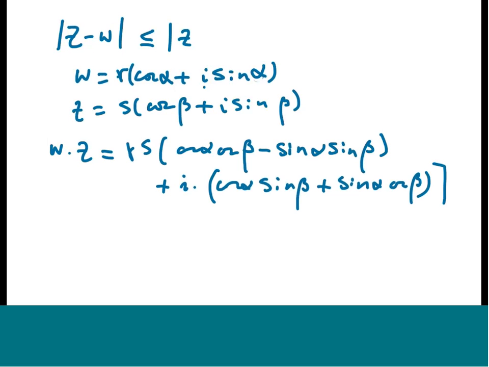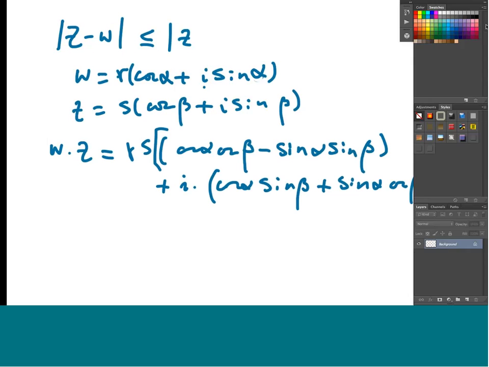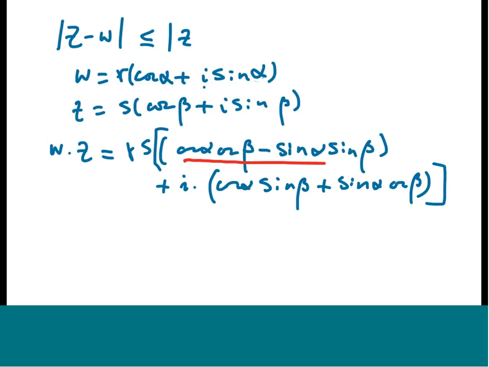The thing is, this is the cosine of alpha plus beta, and this is the sine of alpha plus beta.